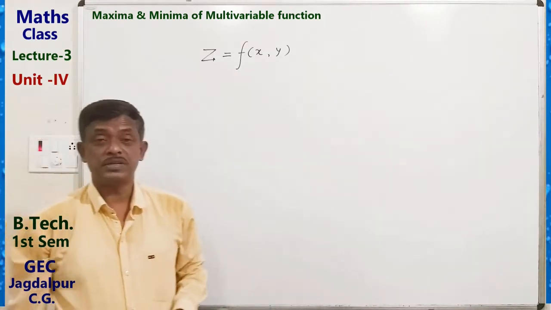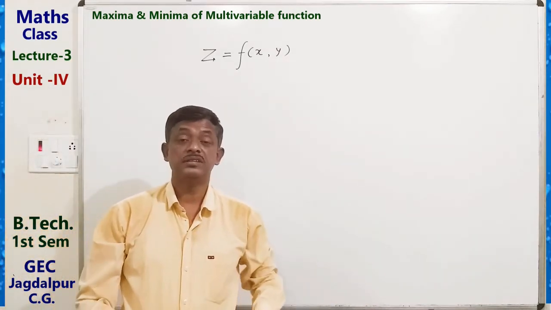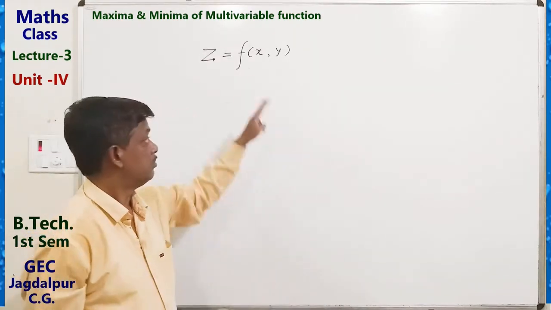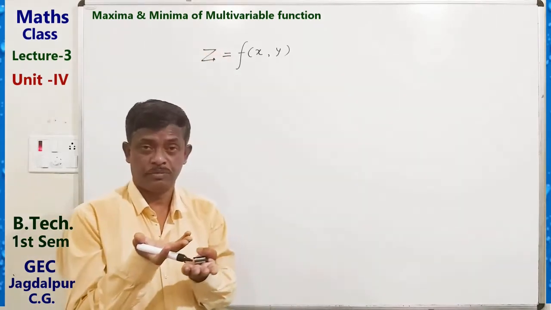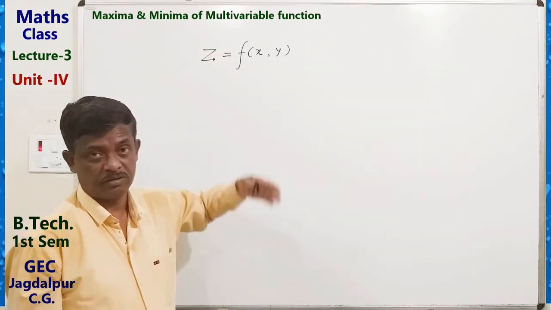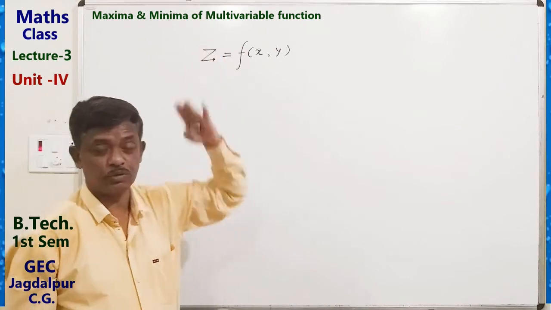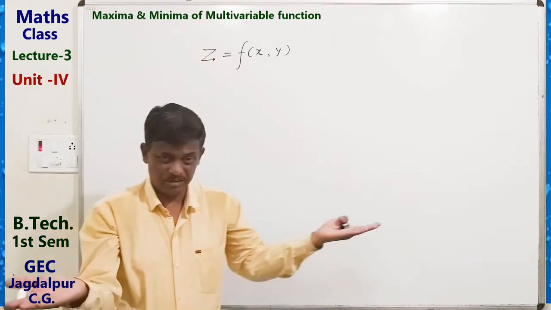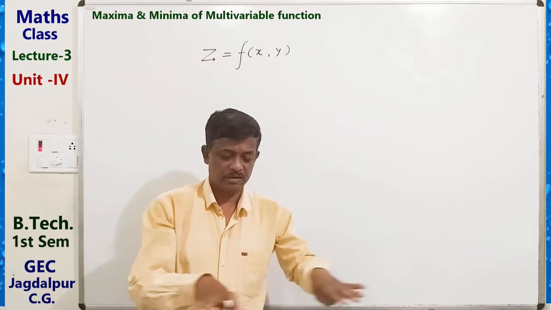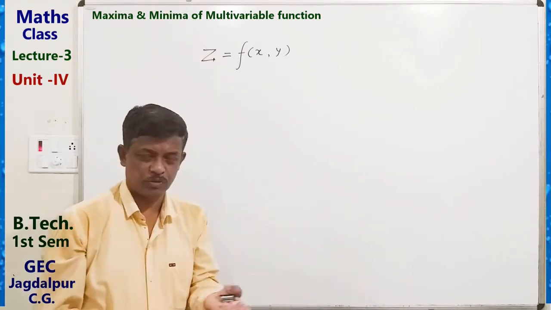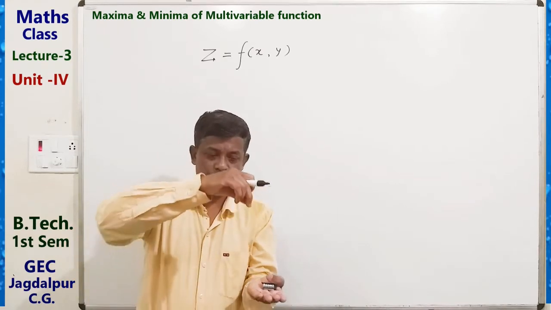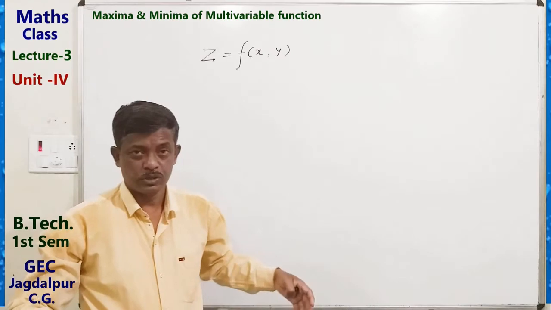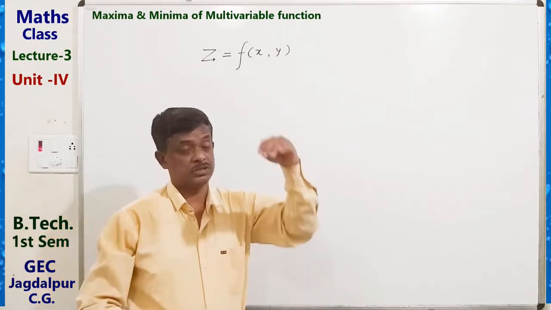Its graphical representation is a surface in space, because (x, y) is a point in the domain of this function of two variables and z is the value. In the lower plane, suppose the xy plane, corresponding to a point the value of z is on the surface. So we have to find the maximum point on the surface.